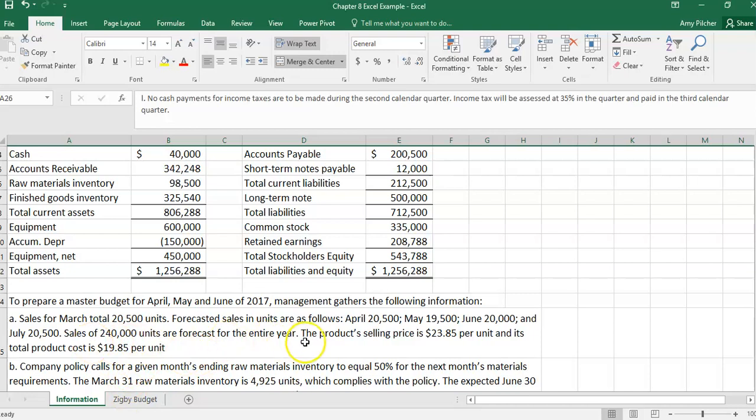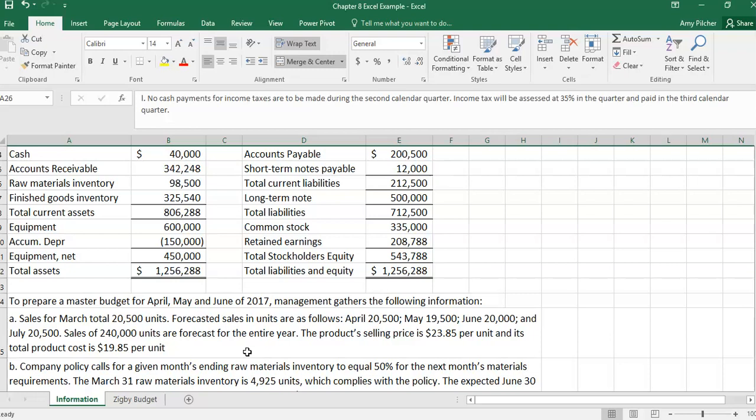So as we need different information for the budgets, we'll come back and forth to get that information from this file. If you remember from the PowerPoint lecture about Chapter 8 or from your textbook reading, all budgets start with a sales budget. So we always start with our sales forecast and create every budget from that information.